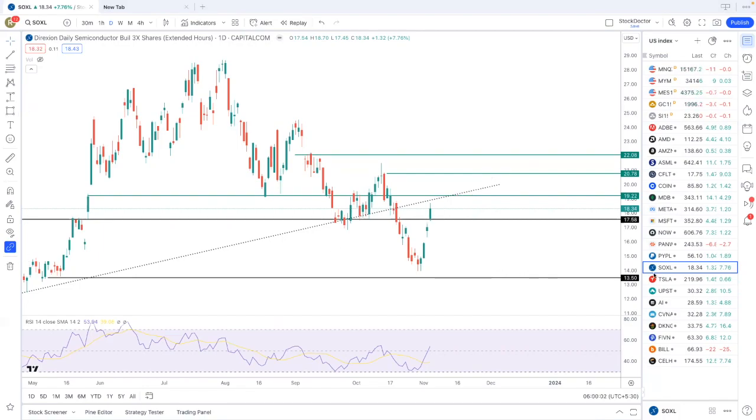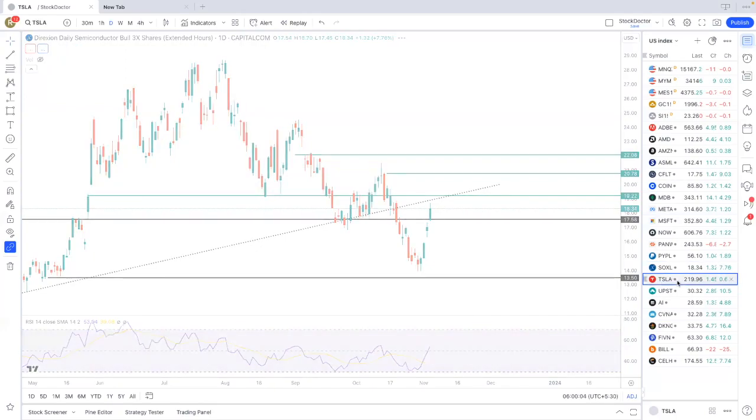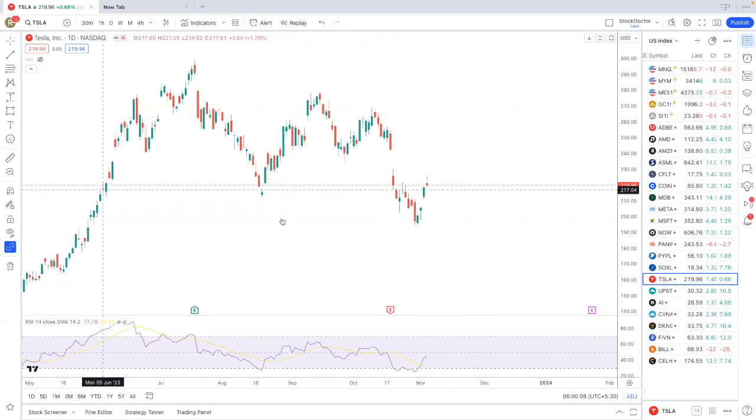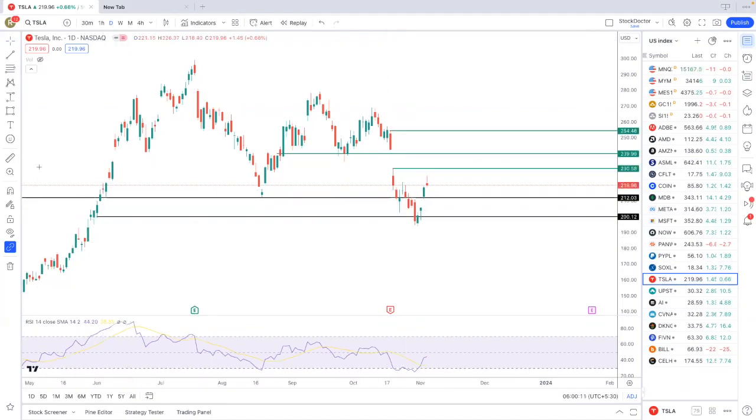Now we are going to talk about our favorite stock, Tesla. A few days back, I mentioned that Tesla has a very good support around $200. One day it stayed below $200. It was almost 196 or 195, but from there it picked up, and again it went ahead, and it made the high of 222 or 225, and currently it is trading near 220.